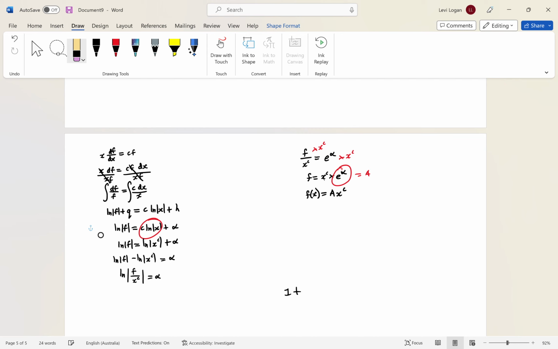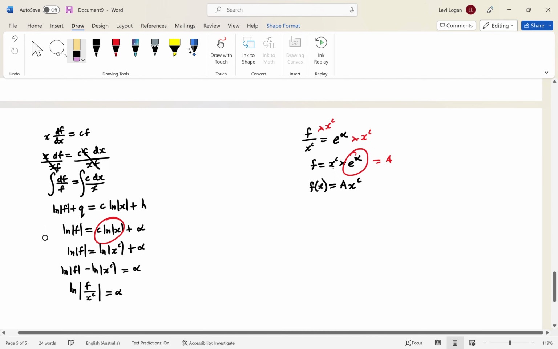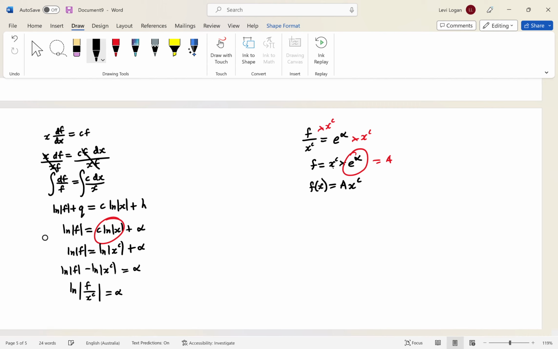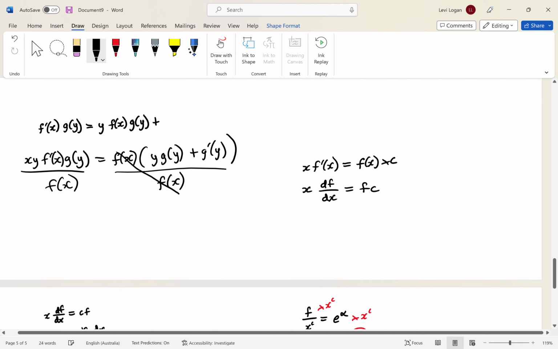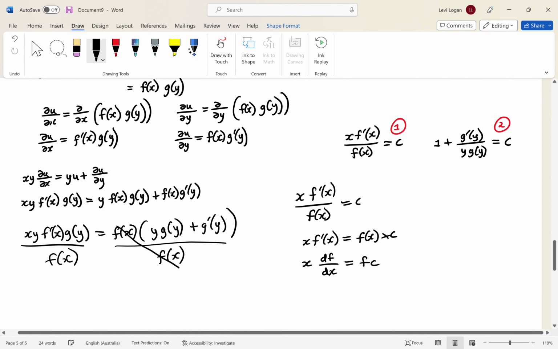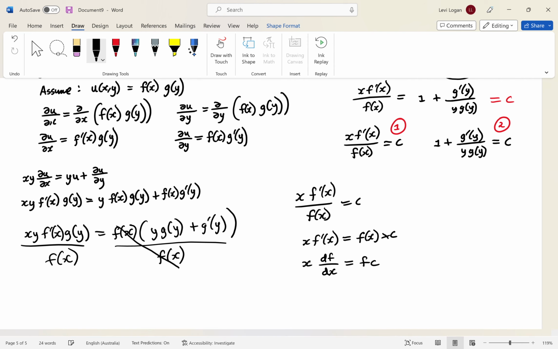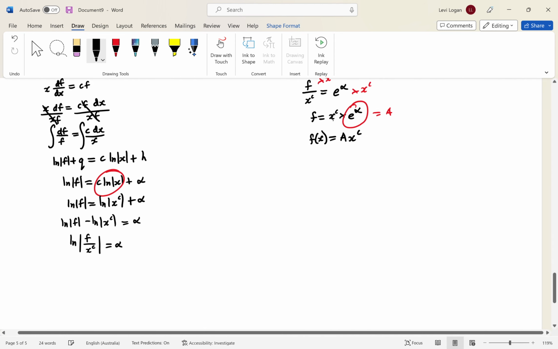Hopefully, if it loads and stops being like this. Okay, there we go. Let's just see if we can simplify. I'm just going to write on a bit of paper so I don't have to scroll down. g prime of y over y g of y equals c. Alright, cool. Got it now.